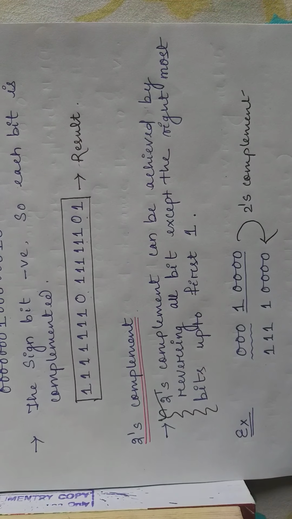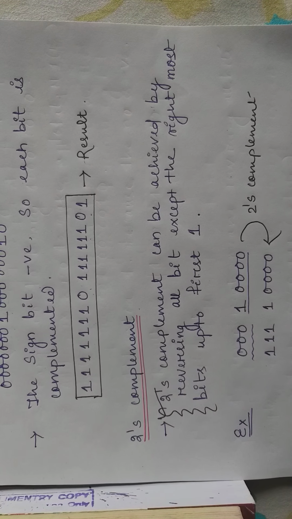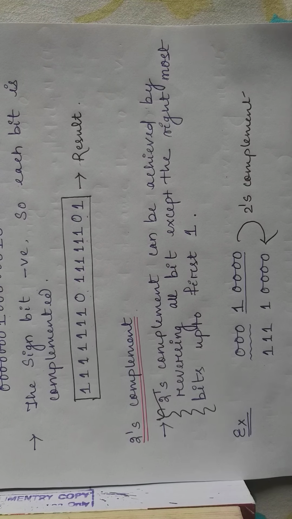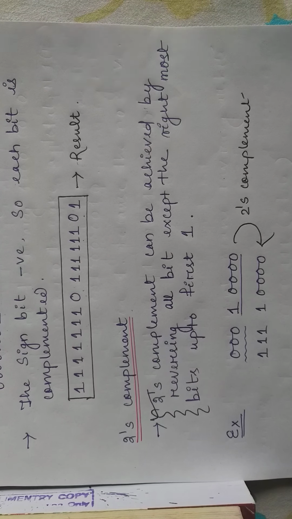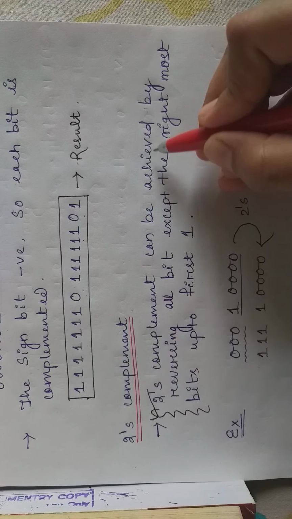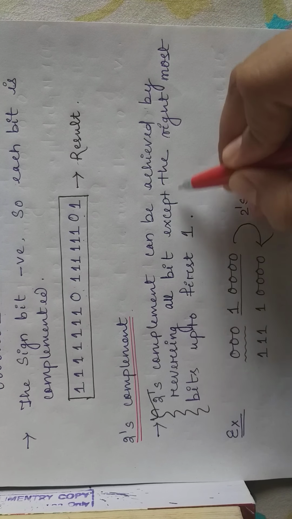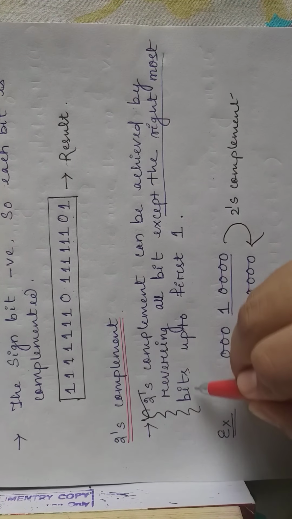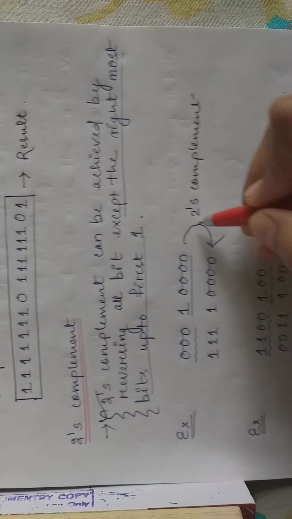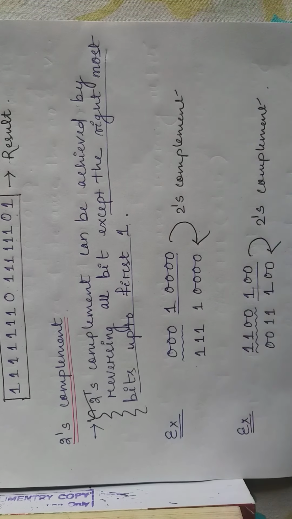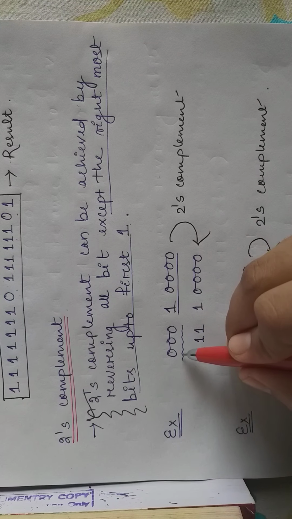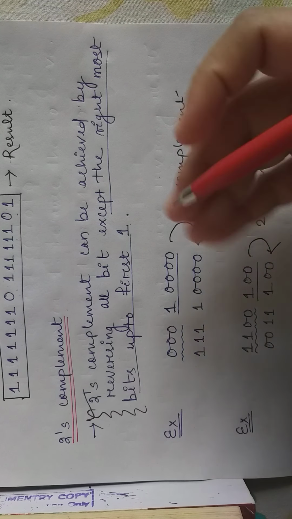Then comes the next topic, twos complement, that belongs to sign integer. Twos complement can be achieved by reversing all the bits except the rightmost bit up to the first one. Suppose here we are considering one number, that means 000140.